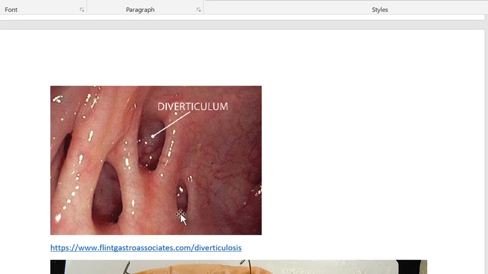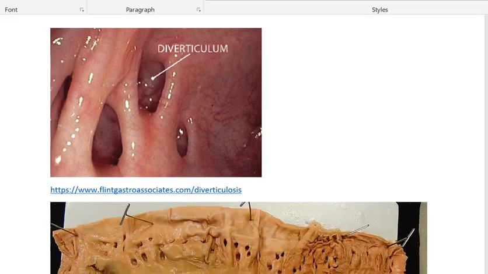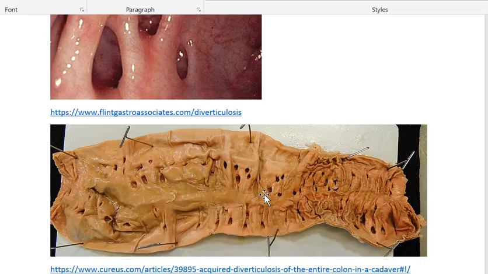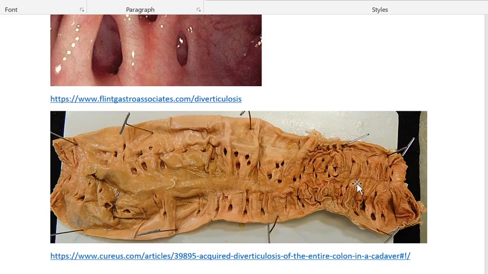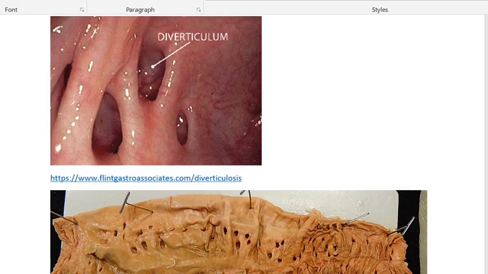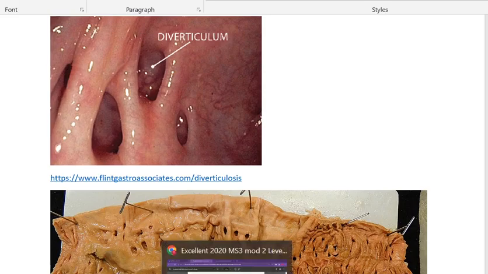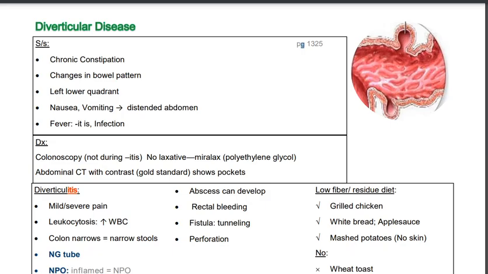And also, this will help you realize that when you eat seeds and nuts and things that don't digest, they like to pop inside these little pocket holes and cause infection. This is a cadaver's colon, and you can see here in real life that this person has a lot of diverticula inside their colon.